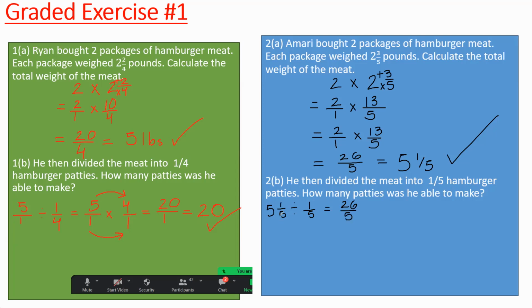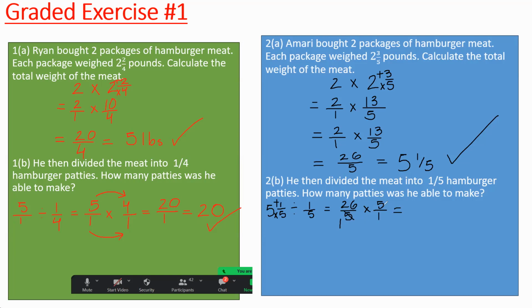Wait, how did you change this into an improper fraction? 5 times 5 equals 25 plus 1 equals 26. Okay, good. Then I get 26/5 multiplied by 5/1. Then I cancel the 5 out and make it 26 times 1. 26/1 times 1/1.